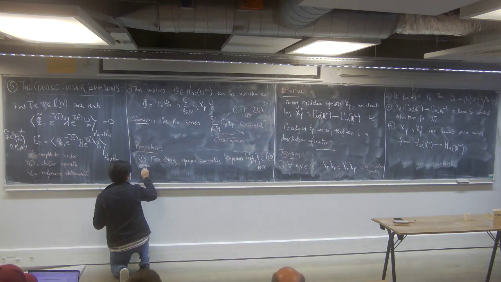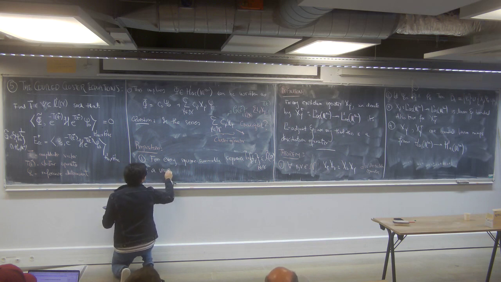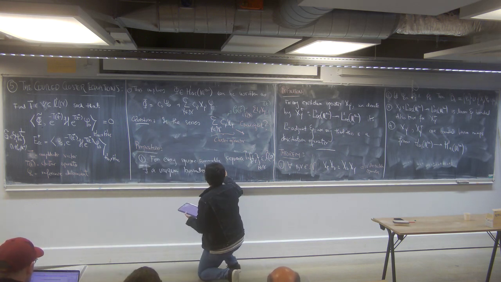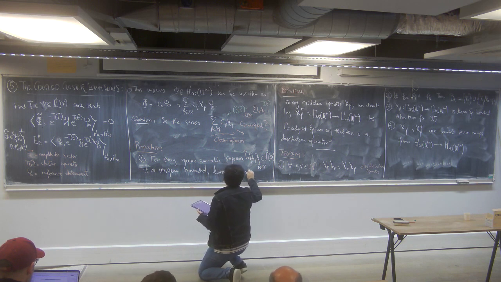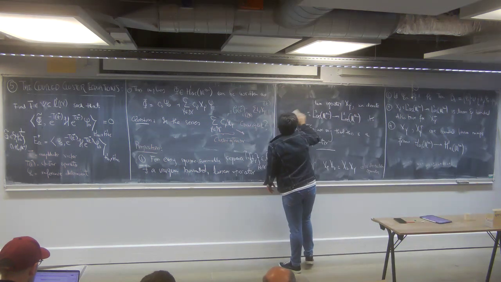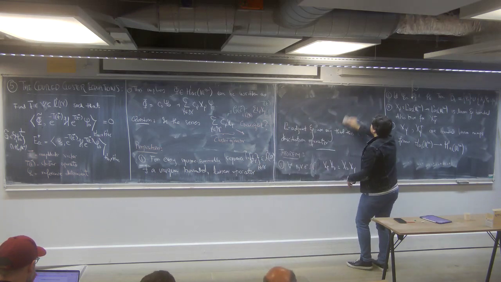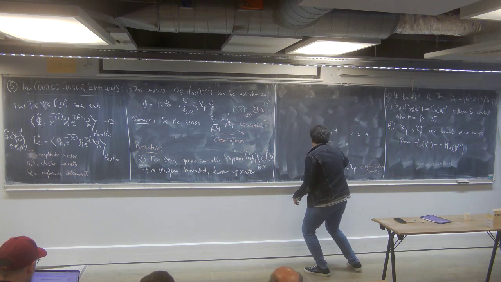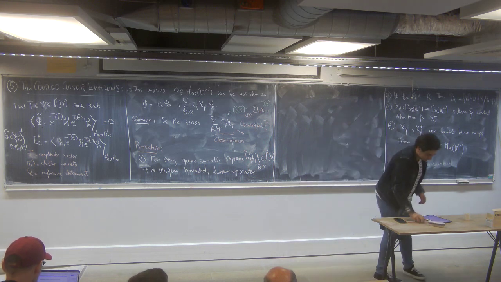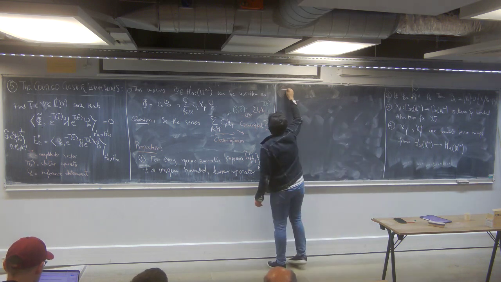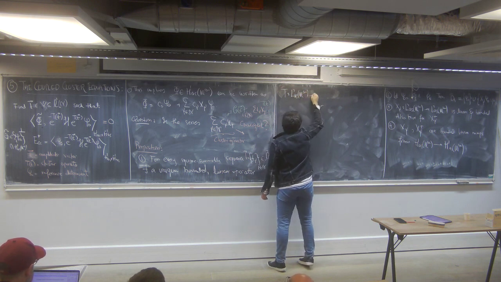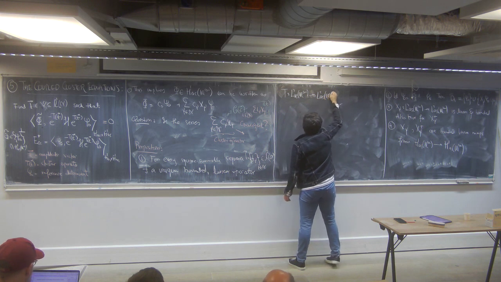For any such sequence, there exists a unique bounded linear operator, which I'm going to call capital T, which will be a mapping from L2 antisymmetric R3n to L2 antisymmetric R3n.